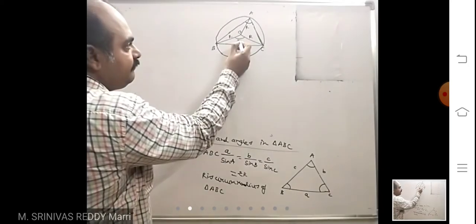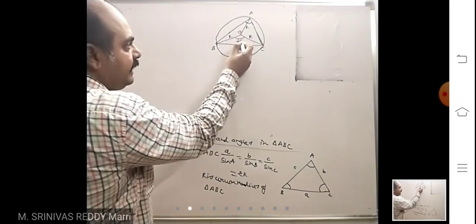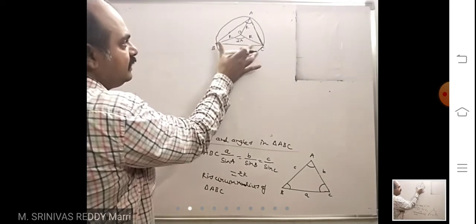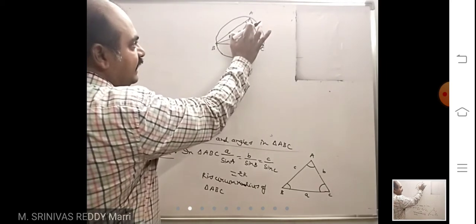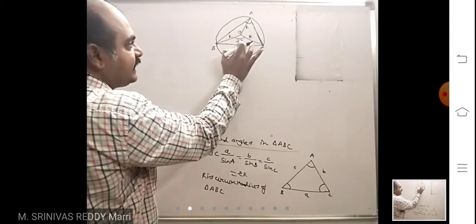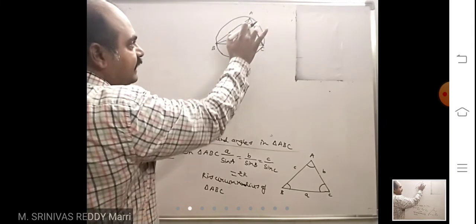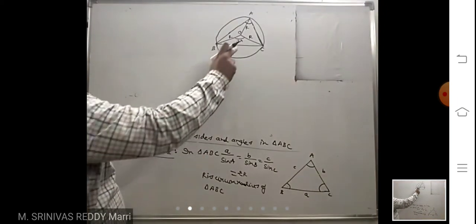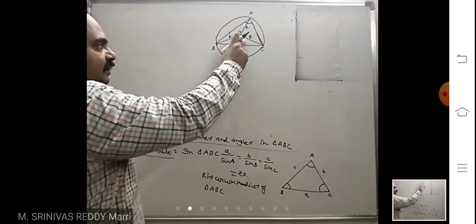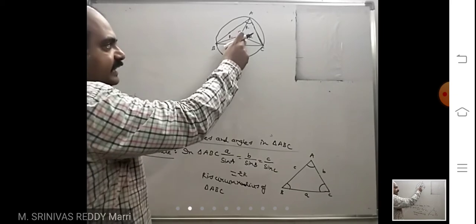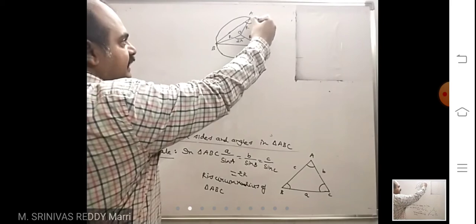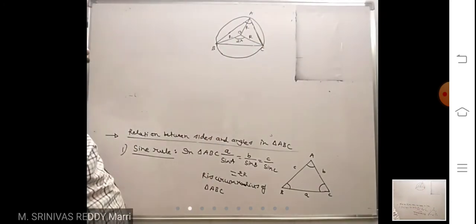That is a theorem in geometry. If you don't know, also remember this point. You came across it in 10th plane geometry, right? If this angle is A, this angle will be 2A.